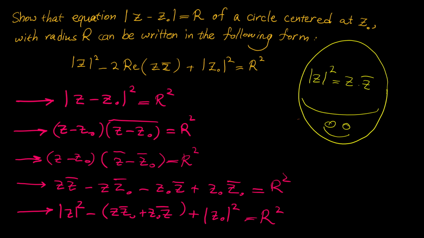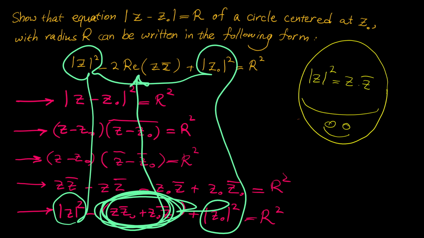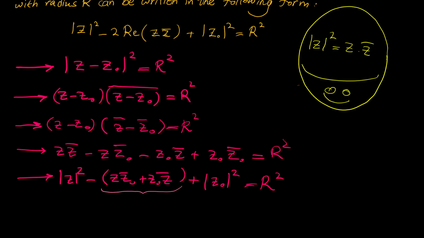Now if you pay attention, so far we have written this in this form and this form. The only part that remains is to prove that this is this. So here we have to prove that this equals 2 real of z times z0 conjugate.